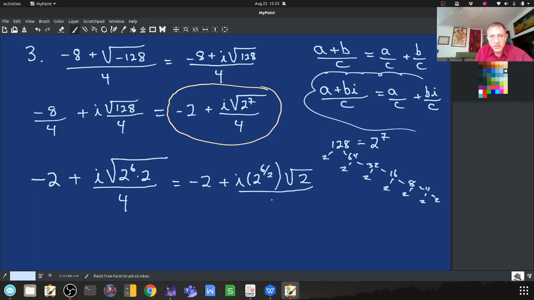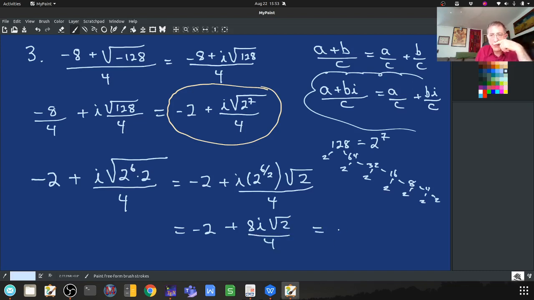We're going to get another simplification here. So that's equal to minus 2, and 2 raised to the 6 divided by 2 is 2 raised to the 3rd, and 2 raised to the 3rd is 2, 4, 8. So that's 8i times the square root of 2 divided by 4.